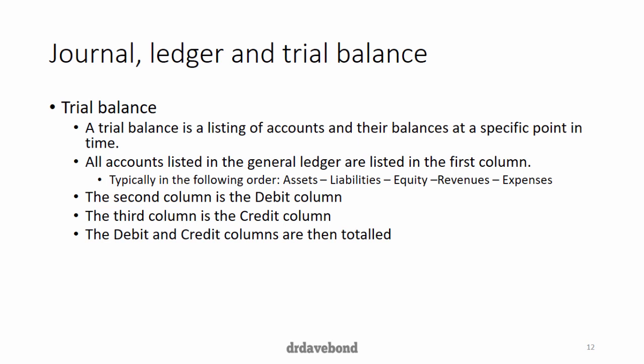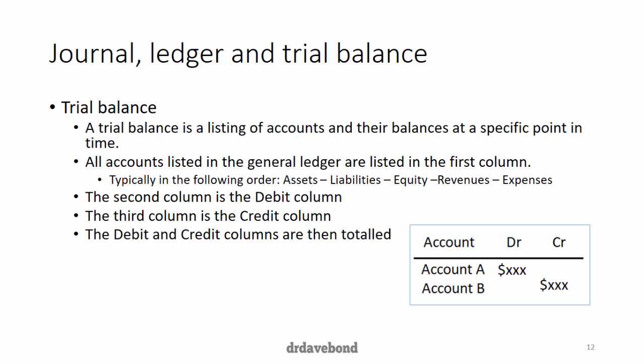It takes the form of a list with all the accounts listed down; those with a debit balance have the amount put in the debit column, and those with a credit balance have the amount put in the credit column. Once you've done that, you have a nice, easily usable list from which to create your financial statements.